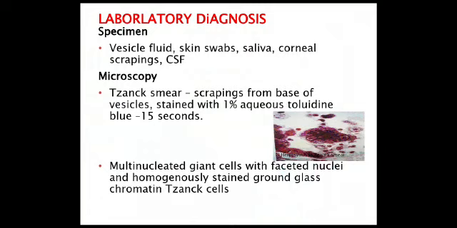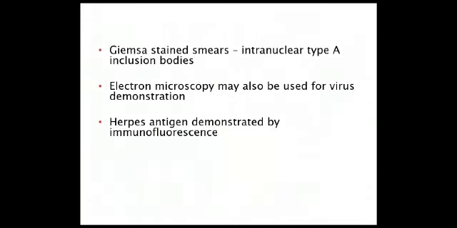When this slide is seen under the microscope, you see multinucleated giant cells with faceted nuclei and homogeneously stained ground glass chromatin. These cells are called Tzanck cells. Giemsa stain can also be performed, wherein you can see the intranuclear Cowdry type A inclusion bodies.